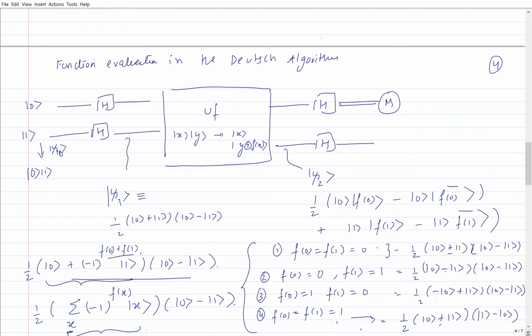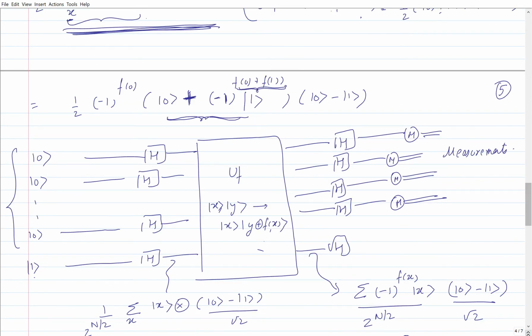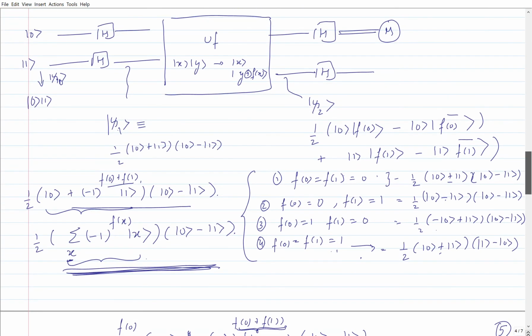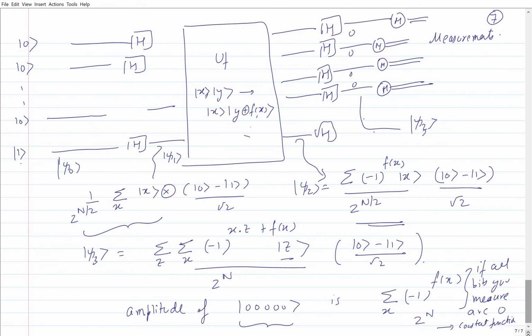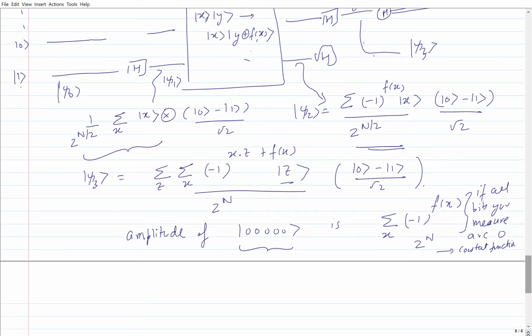So after the Hadamard transformation, this is exactly what I'm going to get. And if all bits I measure are 0, then it's a constant function. Else, we conclude it's a balanced function.